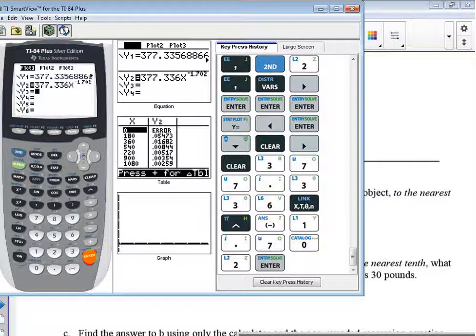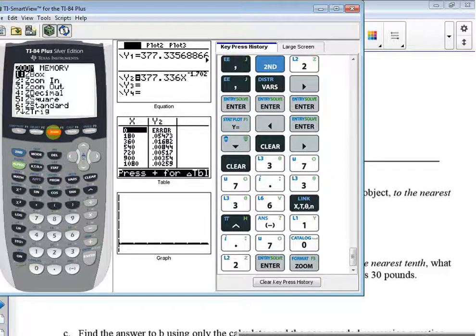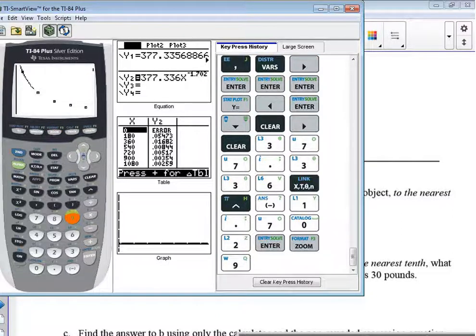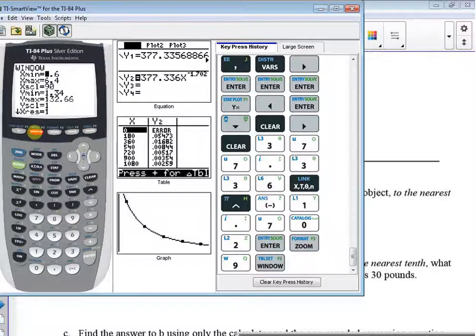And find to the nearest pound when it is 20 miles from the surface of Mathos. So 20 miles is the distance, so that would be the x. So I'm going to go to my Zoom 9 and get my plot. You have to have this plot before you, and this is the equation that I just put into y2, the rounded one. And then check that window out.